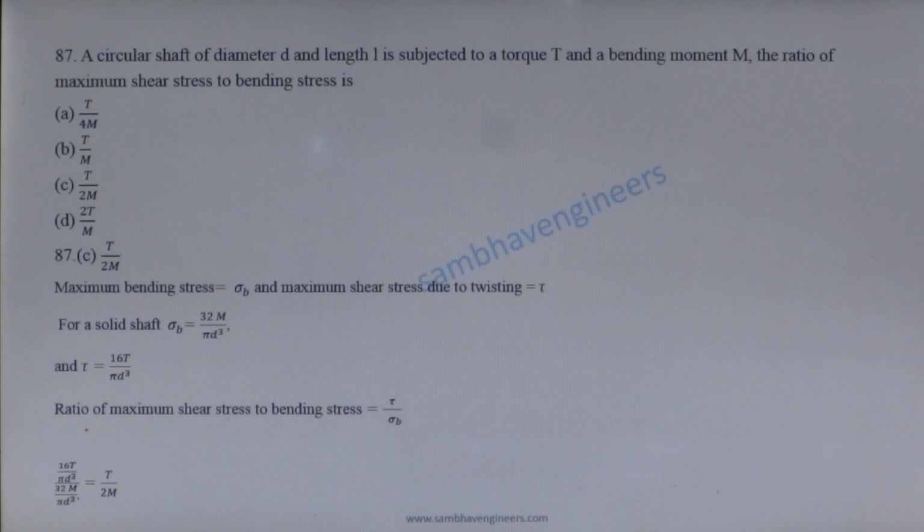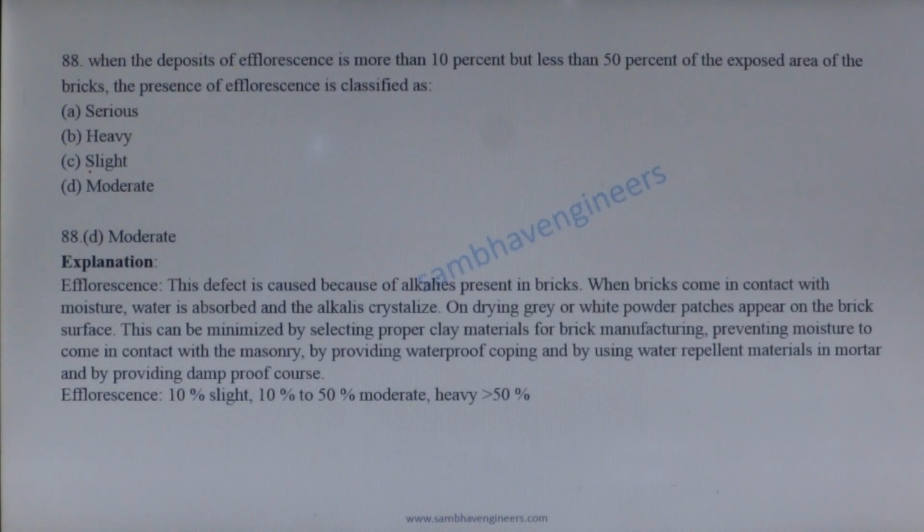So the ratio of maximum shear stress to bending stress, tau divided by sigma b, is equal to T divided by 2M. Next question.